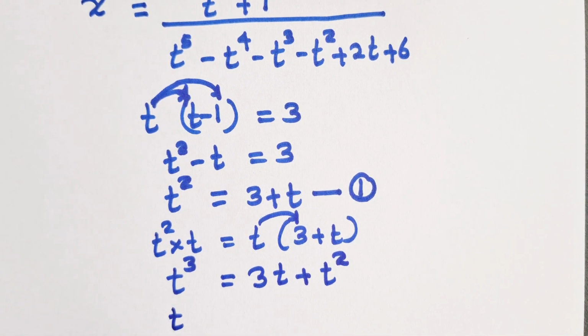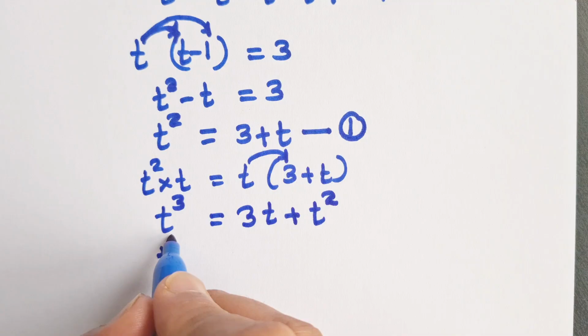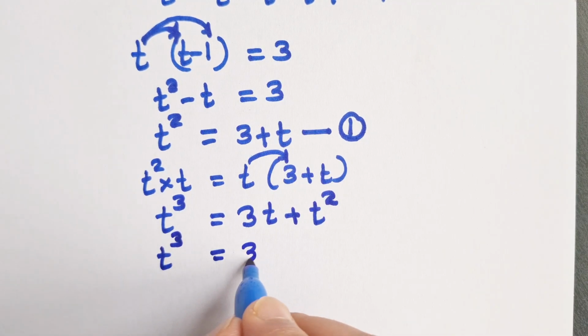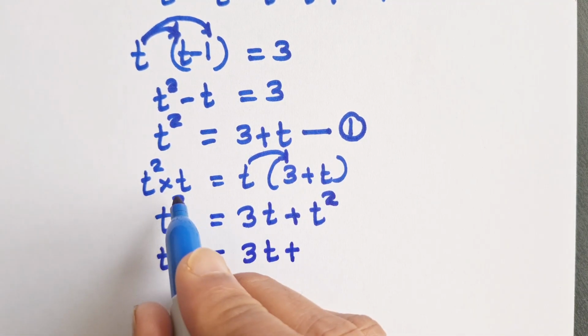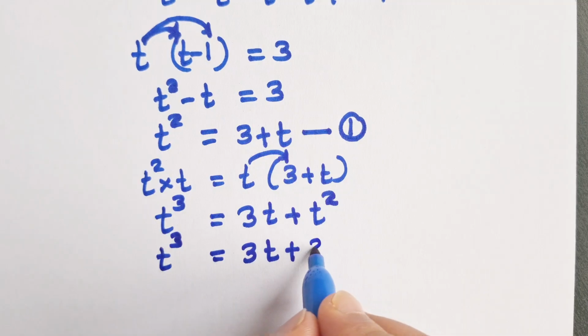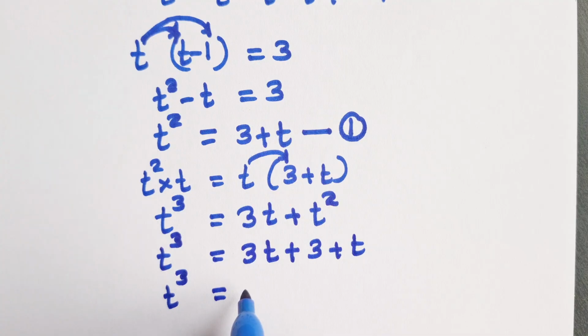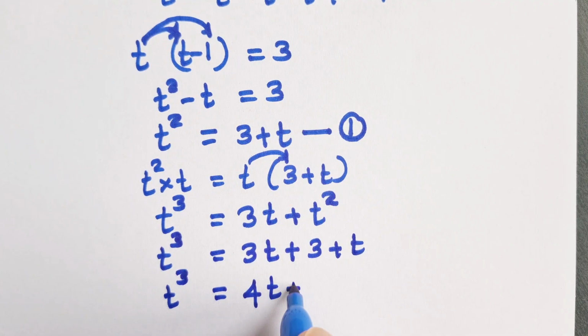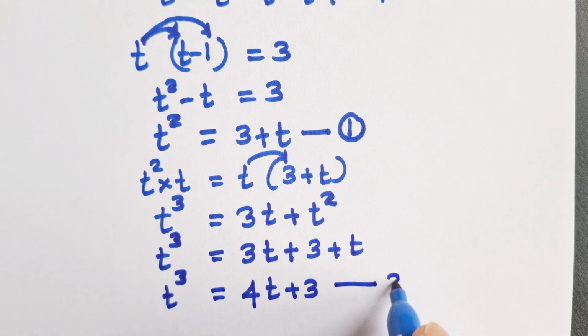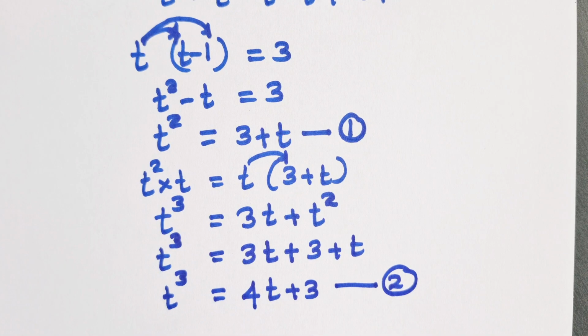I'm going to substitute 3 plus t into this equation: 3 times t plus t square equals 3t plus 3 plus t. Then t to the power 3 equals 4 times t plus 3. This is my equation number 2.